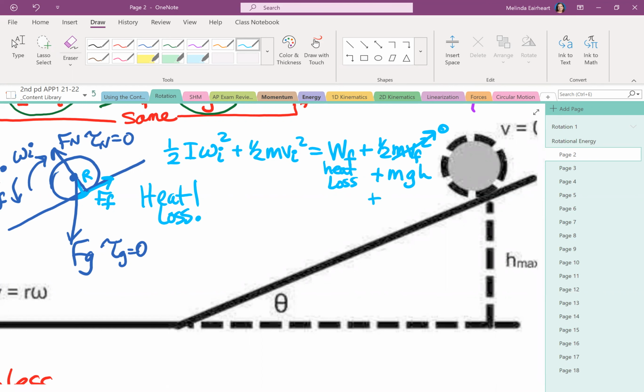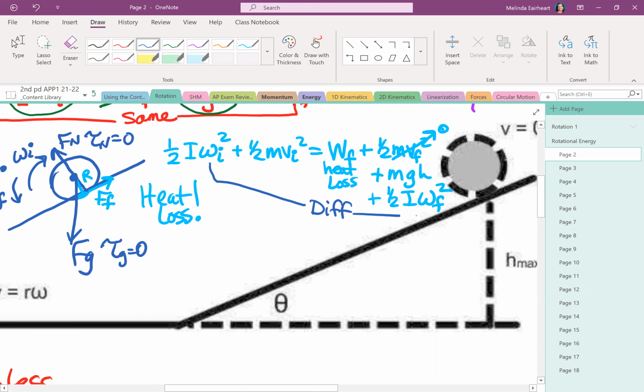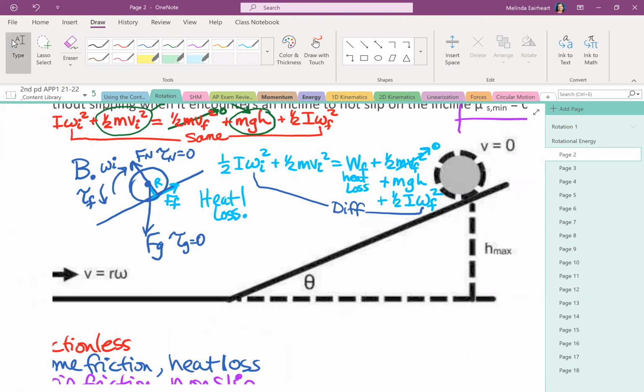Friction is doing some torque to slow down the rotation, but maybe not all. And so we're going to have 1/2 I omega f squared. And note to self, these are going to be different. Okay. So that's B.